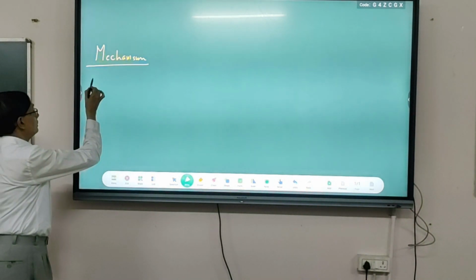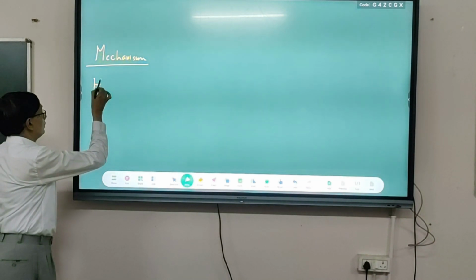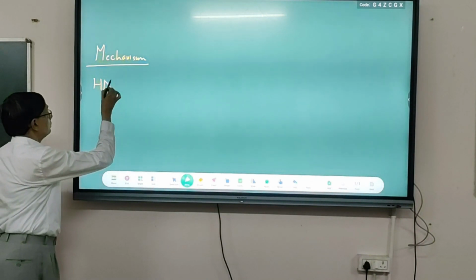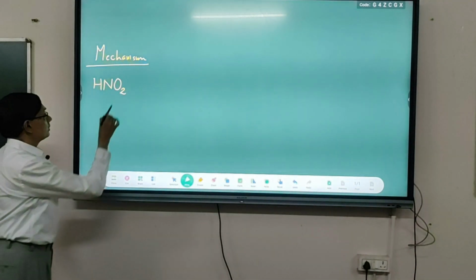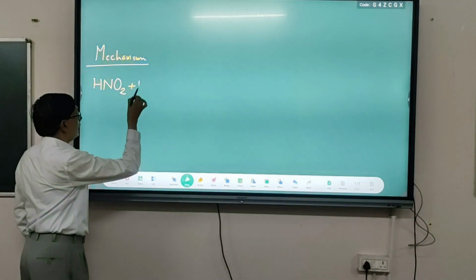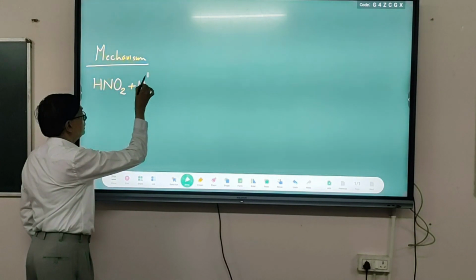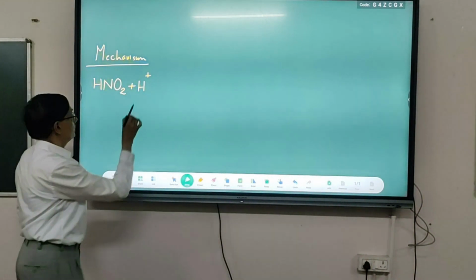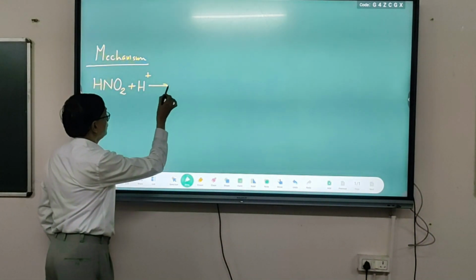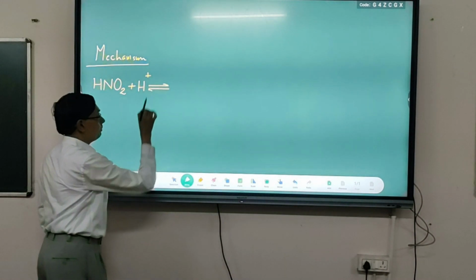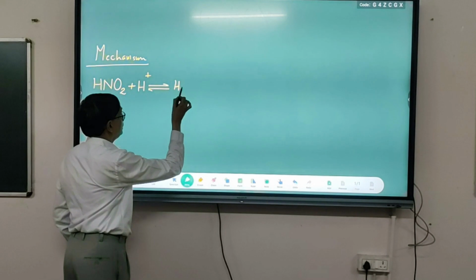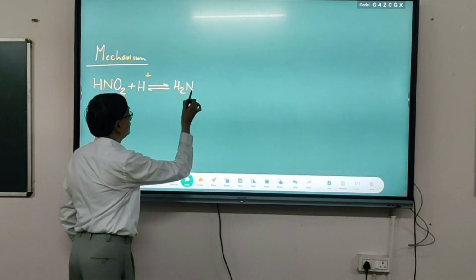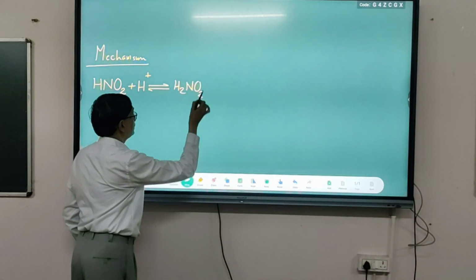First step is HNO2, nitrous acid, reacts with hydrogen ion. It is a rapid step, a pre-equilibrium step, giving H2NO2 plus.